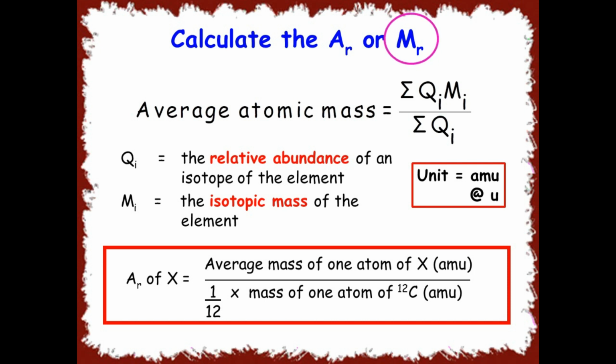By using the same formula as for relative atomic mass, we just change Ar to Mr and change average mass of one atom of X to average mass of one molecule of X.